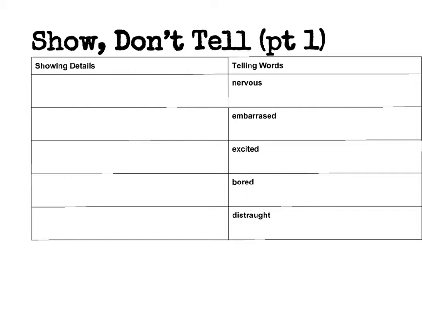For example, if you're nervous, hands might be shaking. If you're embarrassed, your face might turn red. Let's spell that correctly. Not that that really matters when you're brainstorming. When you're excited, your hand might go up in the air going, yes!